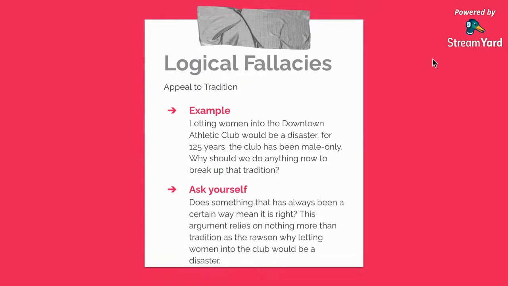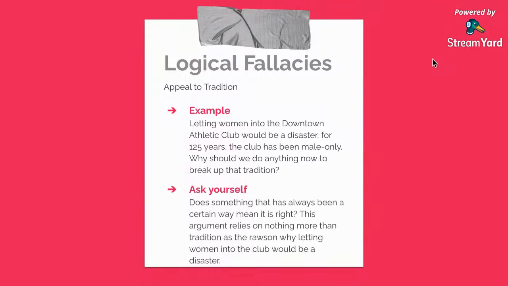The next one is appeal to tradition. So the example is, letting people into the downtown athletic club would be a disaster, because for 125 years, the club has been male only. So why should we break up with that tradition? So you need to ask yourself, does something that has always been a certain way mean it's right?